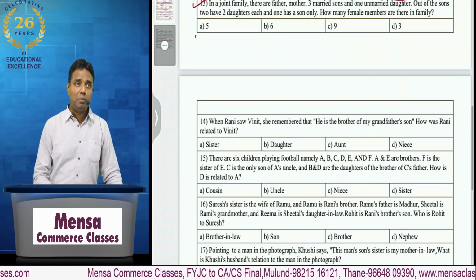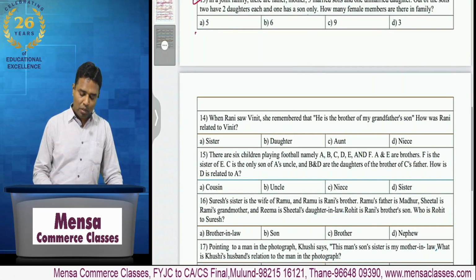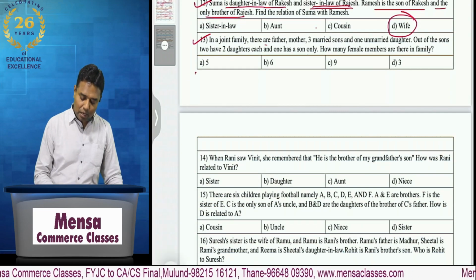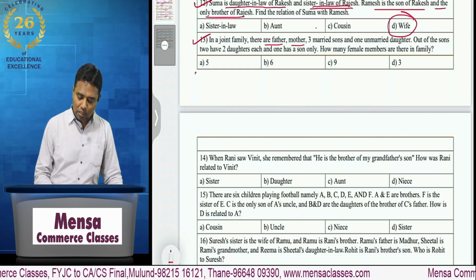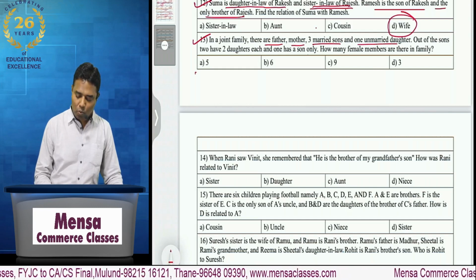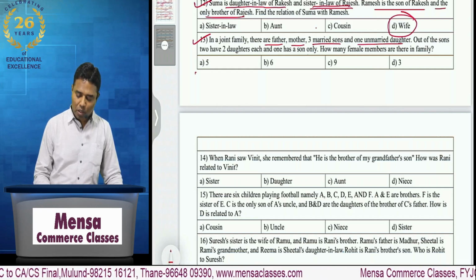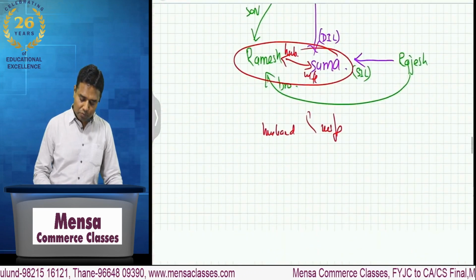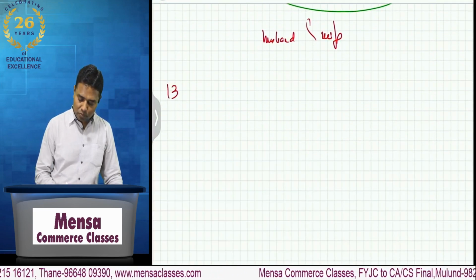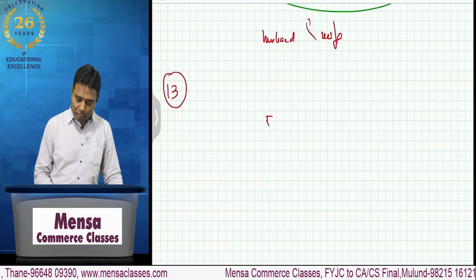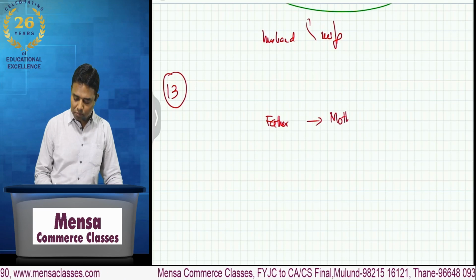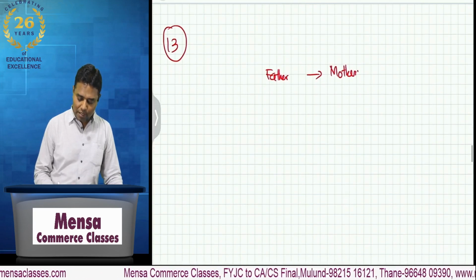In a joint family, there are father, mother, 3 married sons, 1 unmarried daughter. Let's draw this first. In a joint family, there is father, there is mother, 3 married sons.